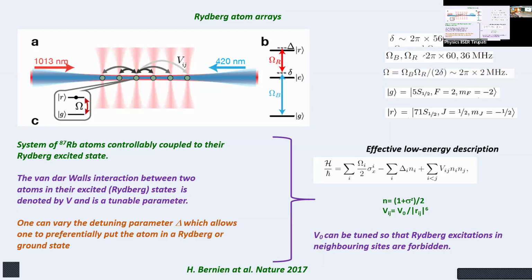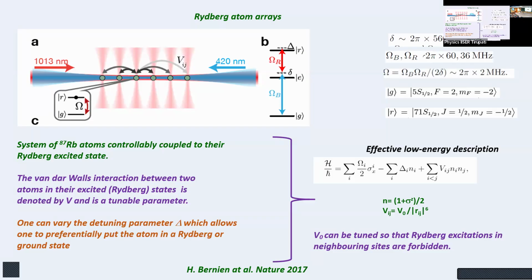You take these atoms and subject them to external lasers, which provide an effective coupling between this ground and the Rydberg excited state. And this coupling essentially depends on these laser frequencies with respect to the atomic levels, and these are typically called detunings. The difference between the blue and the red lasers' frequency and this energy difference between R and G, that's your delta, that's called the detuning, which we use.